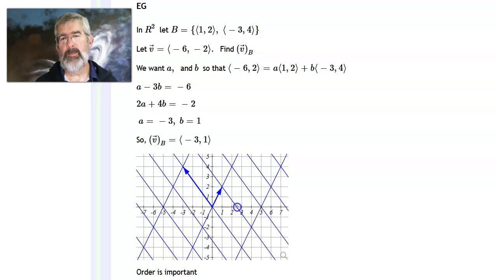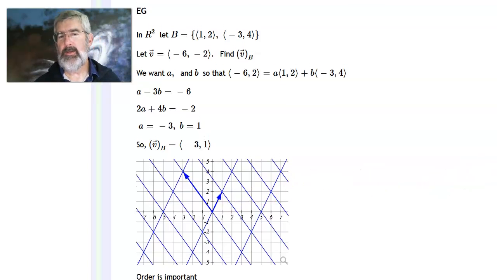So the coordinates of the point 2.5, 0, with respect to the other basis, the blue basis here, would be 1, negative 0.5. And this is really the way you should think about these coordinates with respect to different bases, is that the basis itself sets up a grid of parallelograms, well, when you have just two of them, but it sets up its own coordinate system, and then you attach coordinates appropriately, right, for wherever you want to be.